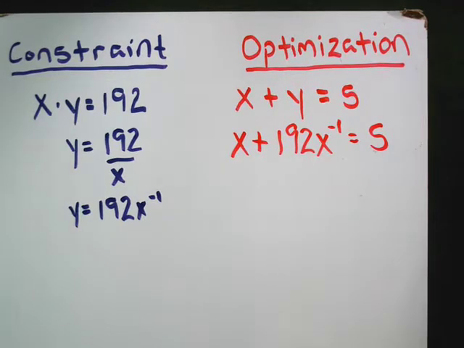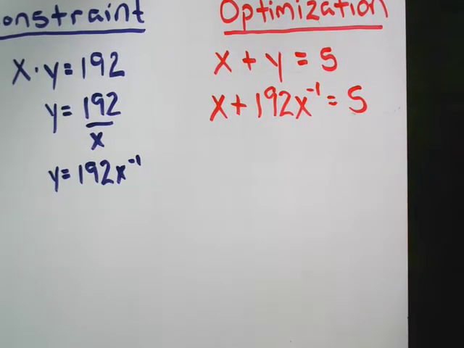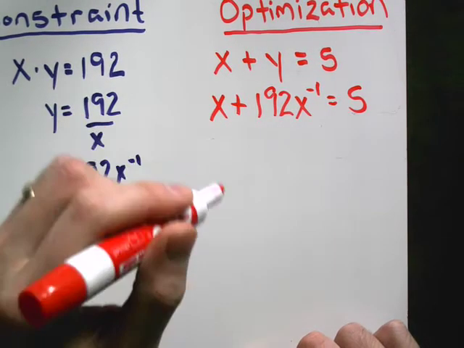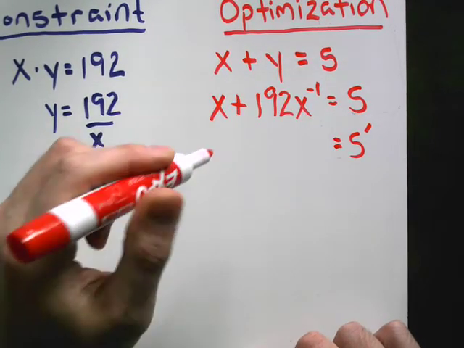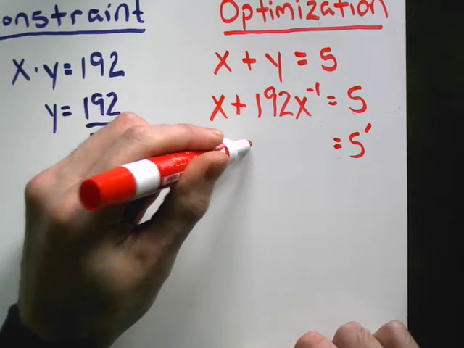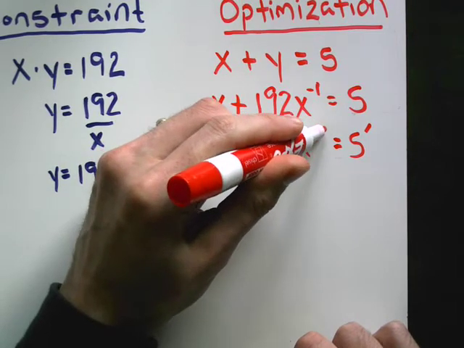So now we want to find the optimal value, which means we need to find the critical point of this optimization equation. Okay, so critical points obviously mean we're going to be setting the derivative equal to 0. So I'm going to take the derivative of this. Okay, so I'm going to say s prime is equal to 1, because the derivative of x is 1, minus 192 x to the negative second.